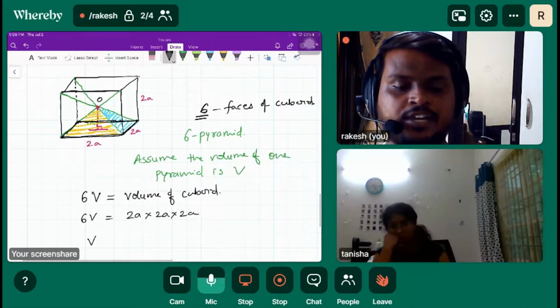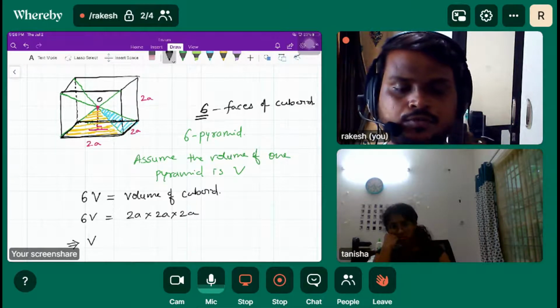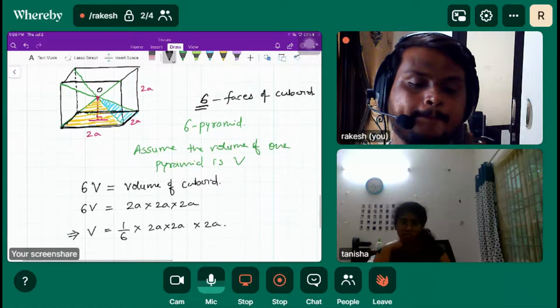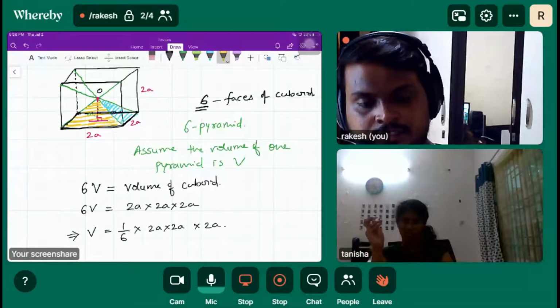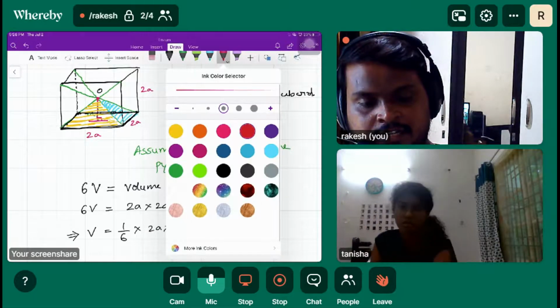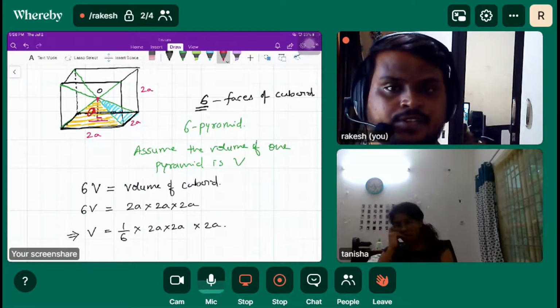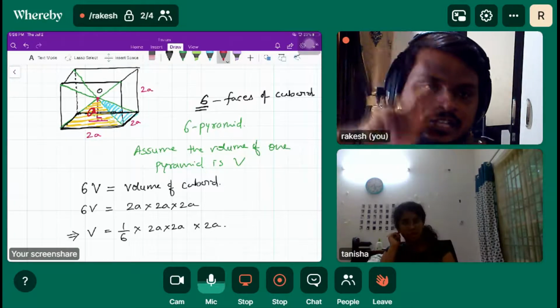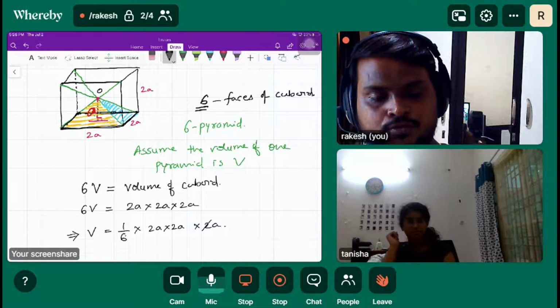We are interested in the volume of one pyramid. So V is equal to 1 over 6 into 2a into 2a into 2a. What is the height of this pyramid? The height is a, half of the total length. So I'll use this 2 to cancel out.